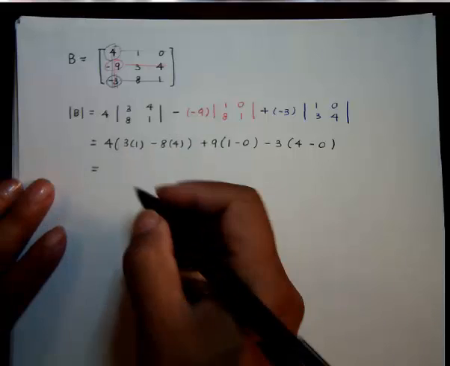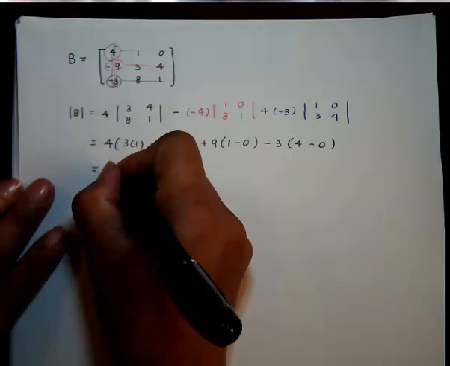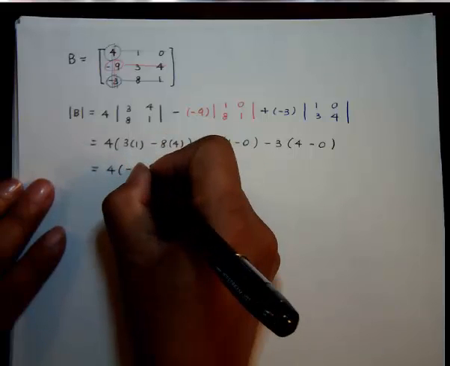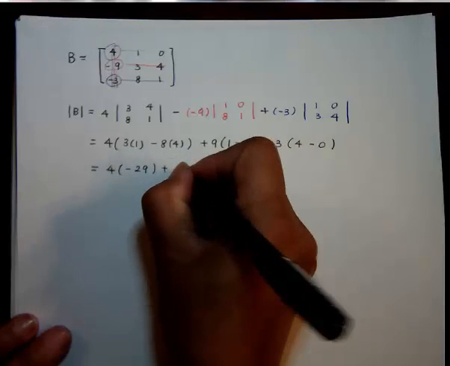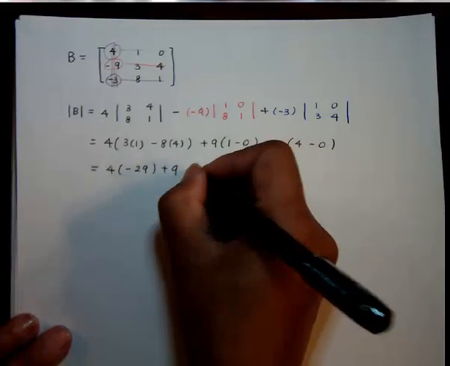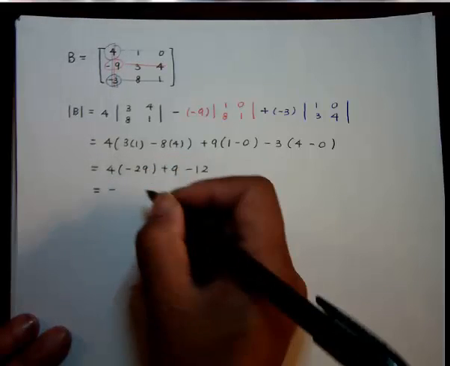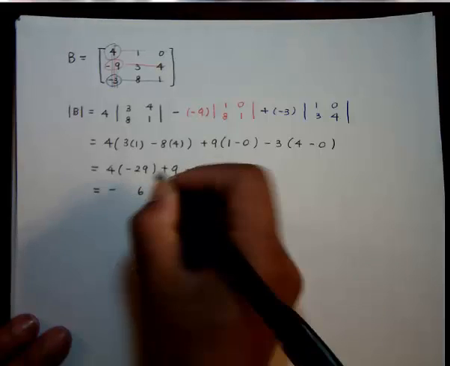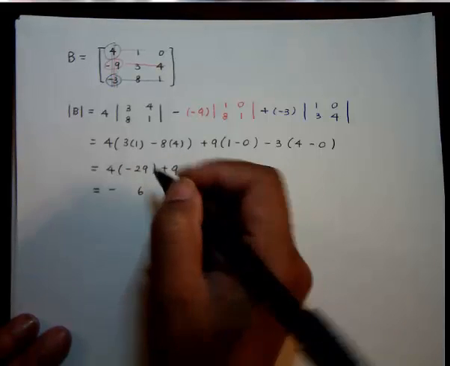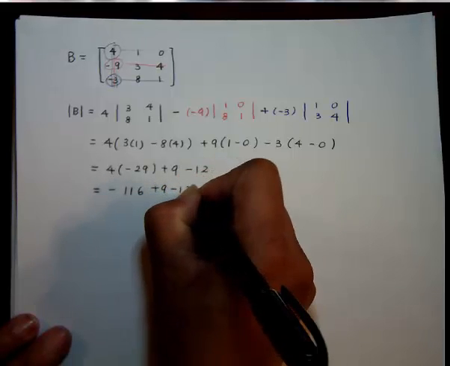So that is 4 times, this is negative 29, plus 9, minus 12. So we get negative 36, right? 4 times 9, 36, 116 plus 9 minus 12.